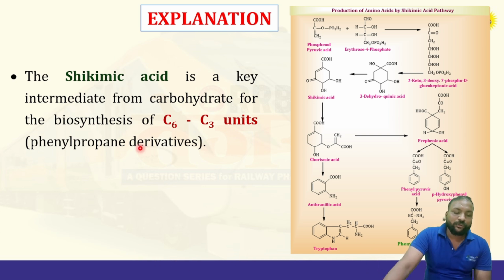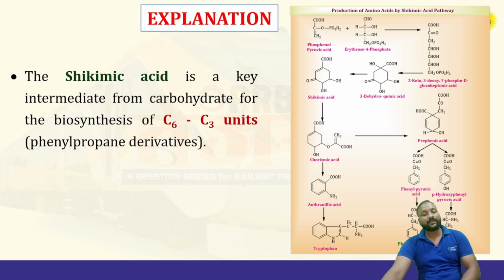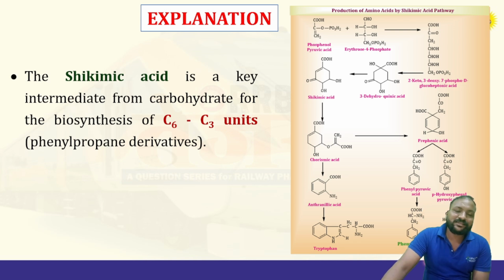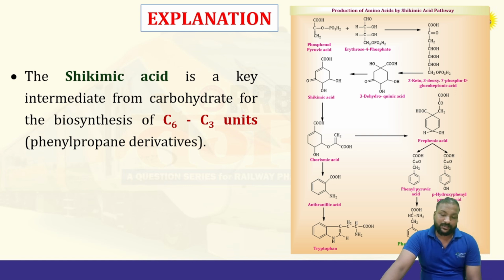Okay, so the phenylpropane derivatives like tryptophan, phenylalanine, tyrosine are the C6 and C3 units. C6 and C3 units. Clear? Yes. One benzene ring, that is C6, and three carbon atoms at the para position.